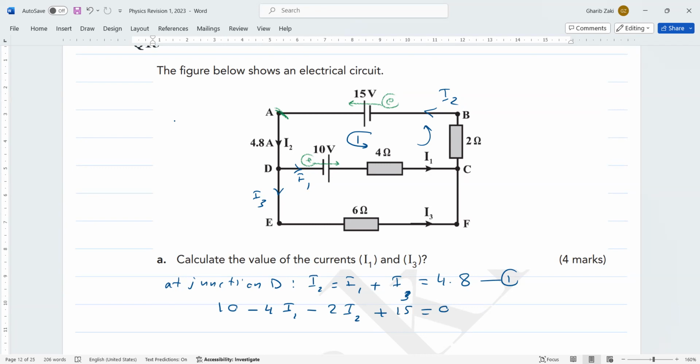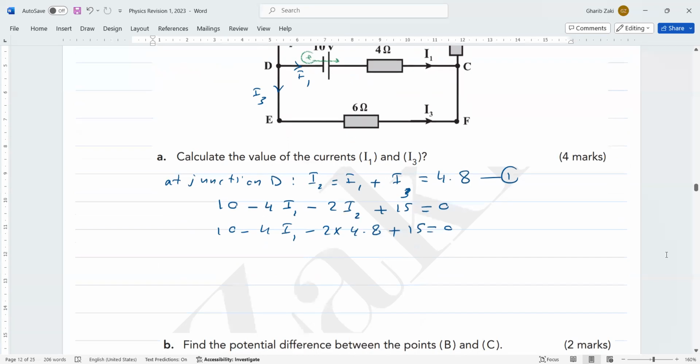I2 is given 4.8, so 10 minus 4 I1 minus 2 multiply 4.8 plus 15 equals 0. Let us solve this by using calculator. So 10 minus 2 multiply 4.8 plus 15 equals 15.4.